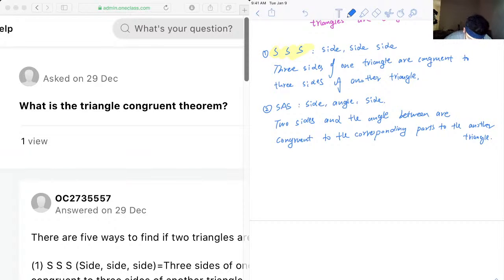Okay, so that's what side, angle, side stands for.